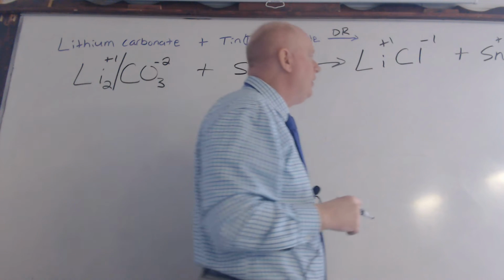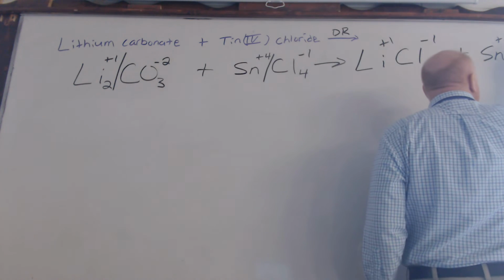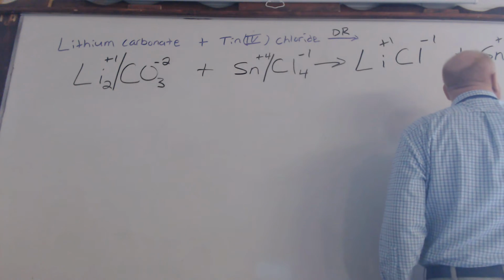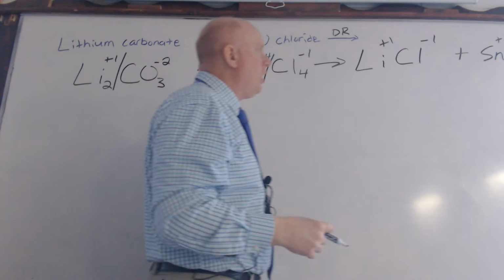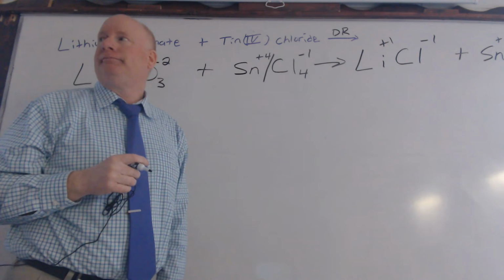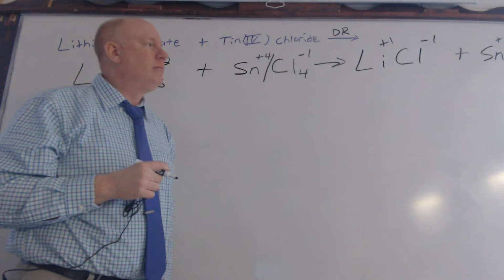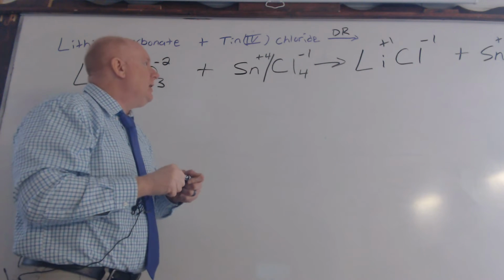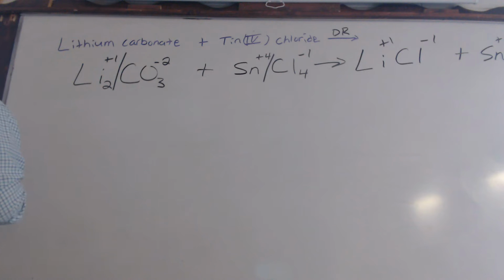We don't want 32. We just want 6 of them in all reality, because once you do that, okay, now you've got 2 carbonate ions. Do we have to do anything to the tin? No, because it's 1. Nope, because 4 divided by 4 gives you 1. That is correct.